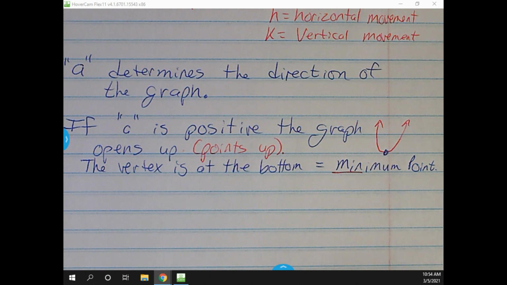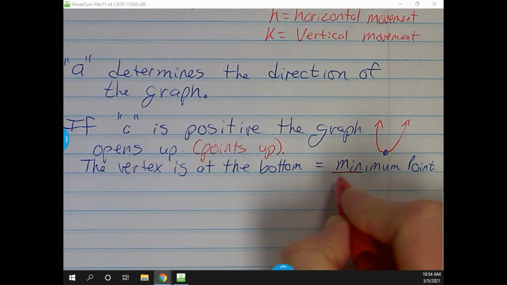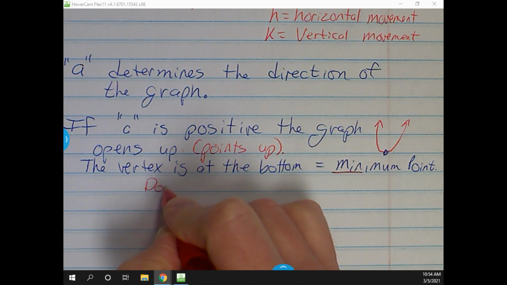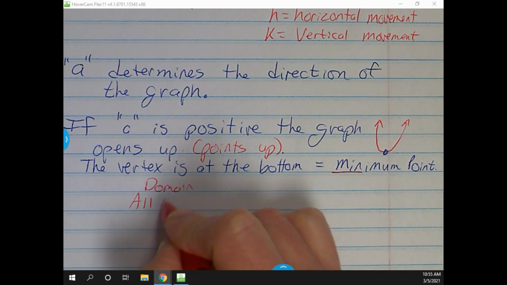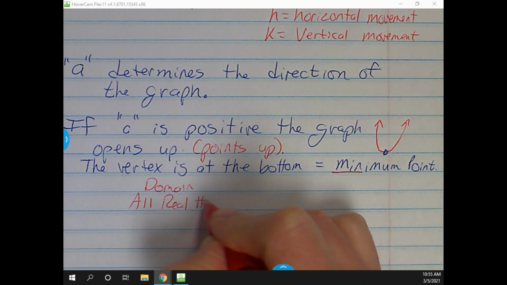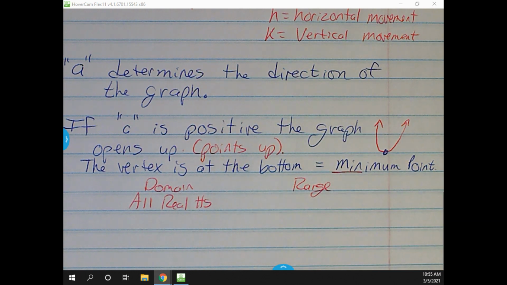All right, here's what you can tie in with the other things on this one. For any problem that we do, they're going to talk about domain and range. So for a problem like this, the domain is all real numbers. And here's where you have to talk about the range a little bit.